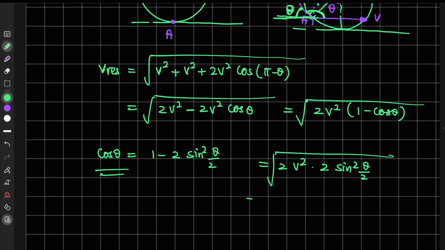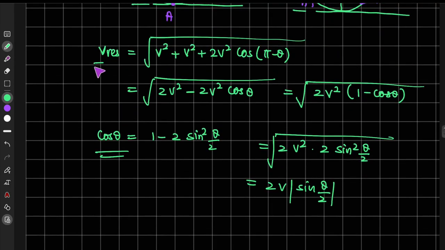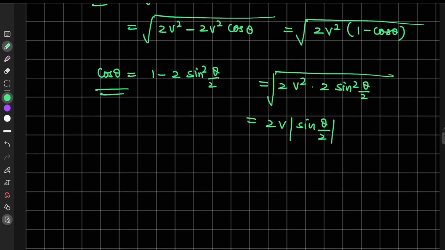So from here we will get 2v sin theta by 2, mod. Okay, now let us find the distance from the resultant v. V resultant we can write as ds upon dt, that is equal to 2v, and let us consider sin theta by 2 as positive, so we get 2v sin theta by 2.